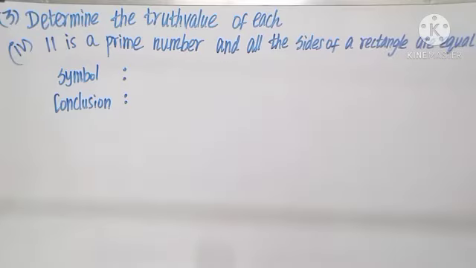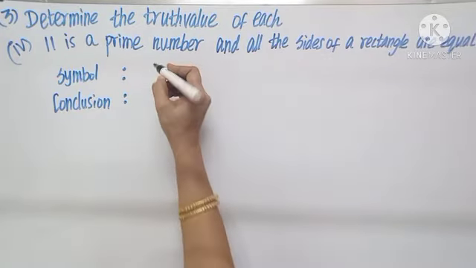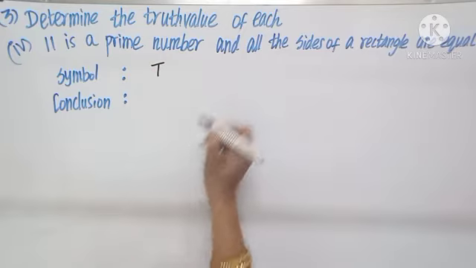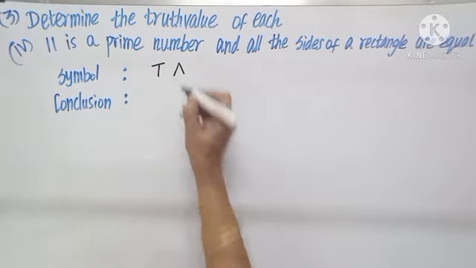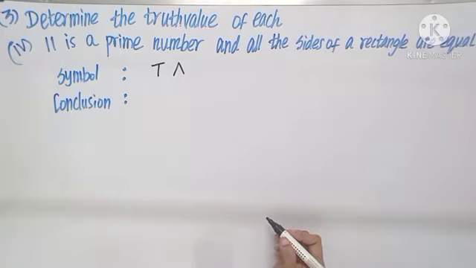Fourth subsection: 11 is a prime number and all the sides of a rectangle are equal. Is 11 a prime number? Yes, it is a true statement. And, so put the and symbol. All the sides of a rectangle are equal. Is it true?